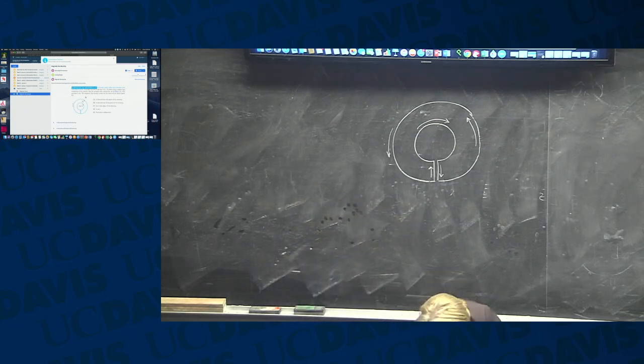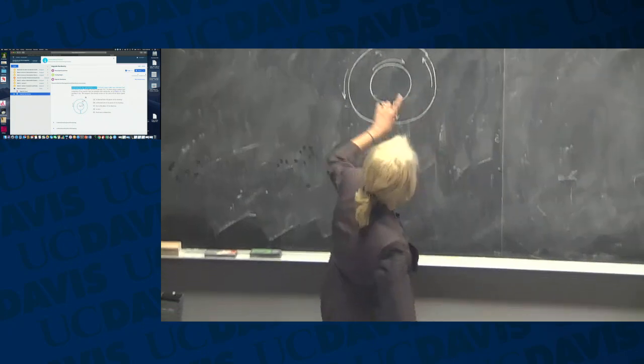And then it says, at the center, if you look at the center of the circle.